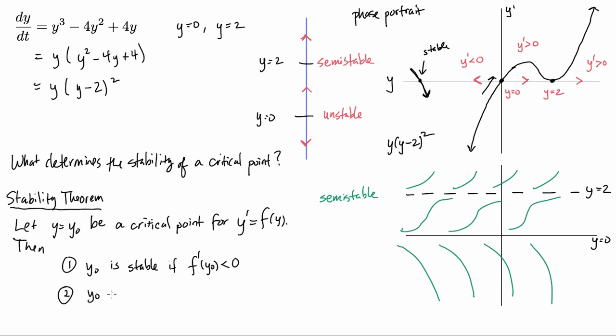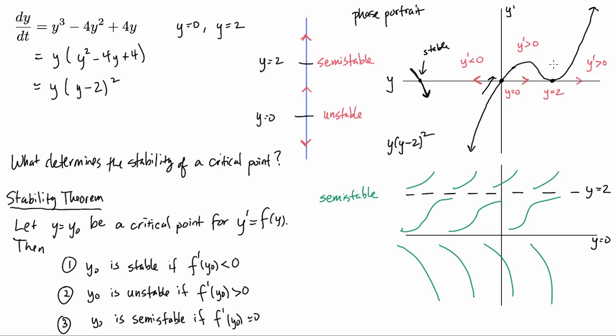The opposite is true for instability. The critical point is unstable if it's heading in an upward trajectory in the phase portrait through the critical point y naught. And then we just saw in this example when it's semi-stable. So the critical point is semi-stable if the derivative is 0.